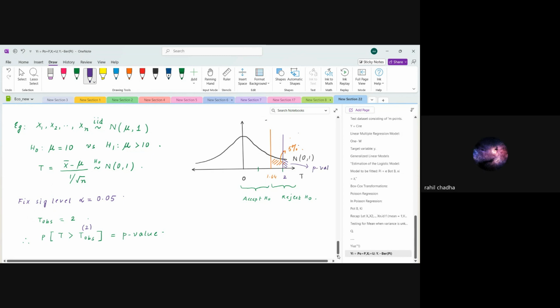So what will the p-value be here? Something very high? Less than 0.5. नहीं, less than 0.5, right? T greater than this, मतलब क्या? The area under the curve to the right of 2. तो अगर ये एरिया 5% है, एरिया टू द राइट ऑफ 1.64, then the area to the right of 2 will be less than 5%.